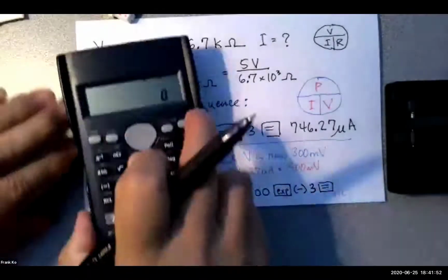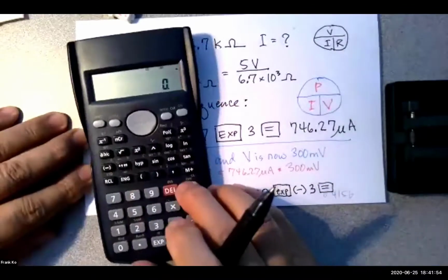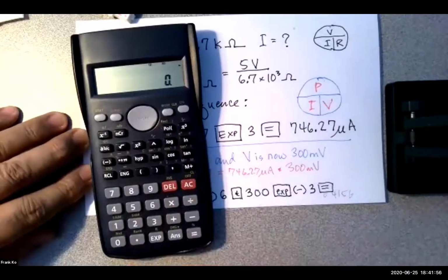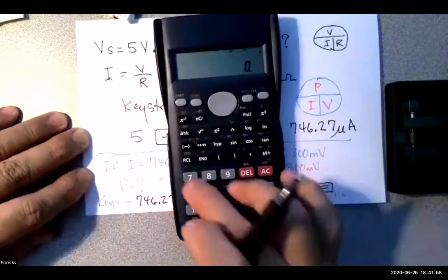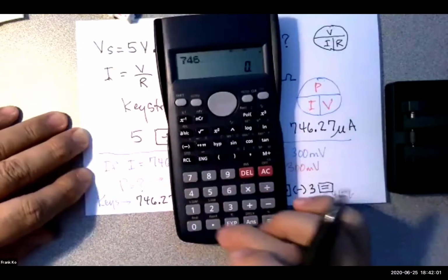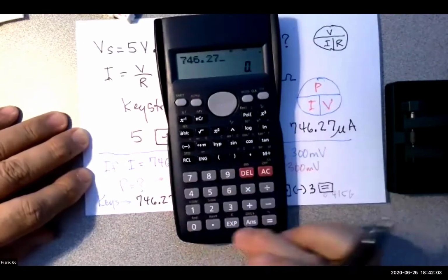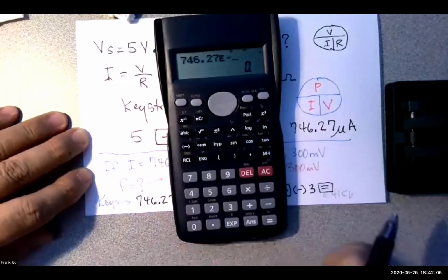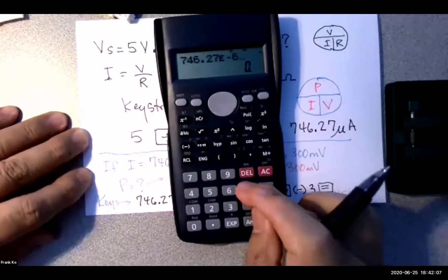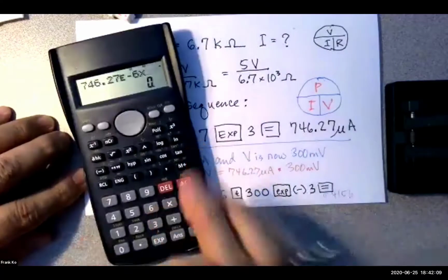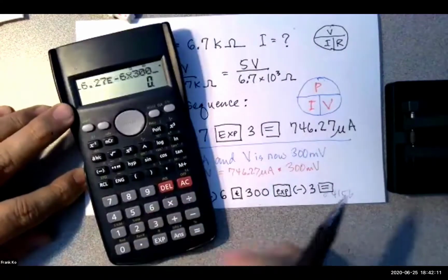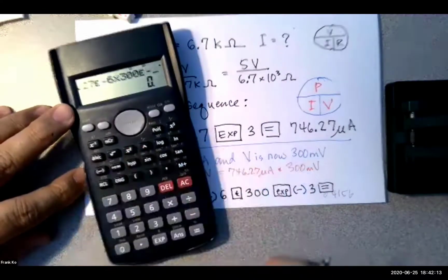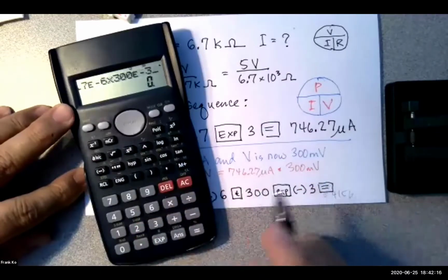So I will go ahead and do this with you, clear my calculator, and punch in 746.27 exponent, change sign 6, and now multiply this by 300 exponent, change sign 3.